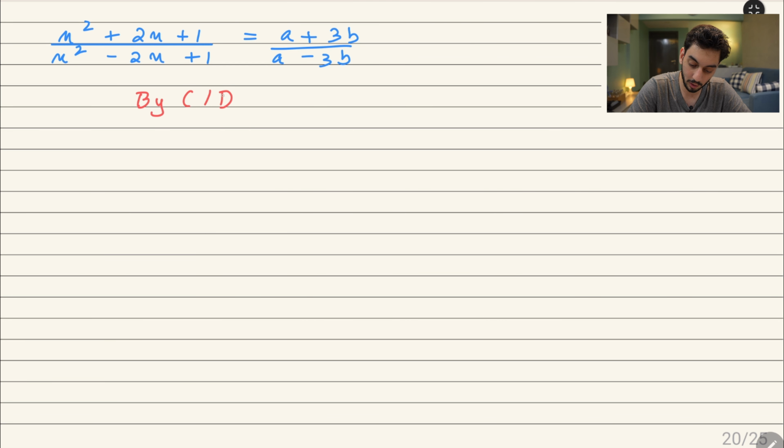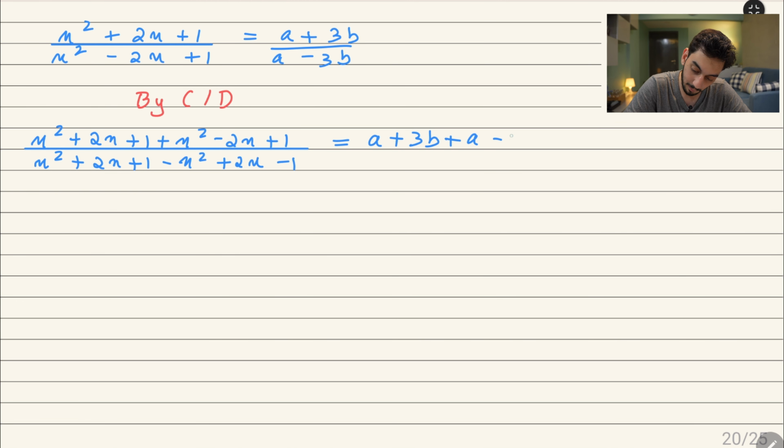So by componendo dividendo, this becomes numerator plus denominator, so it is x square plus 2x plus 1 plus x square minus 2x plus 1 upon numerator minus the denominator, so it is x square plus 2x plus 1 minus the denominator, so everybody gets a negative sign, so minus x square plus 2x minus 1 is equal to, same thing on the right hand side, so a plus 3b plus a minus 3b upon a plus 3b minus a plus 3b.